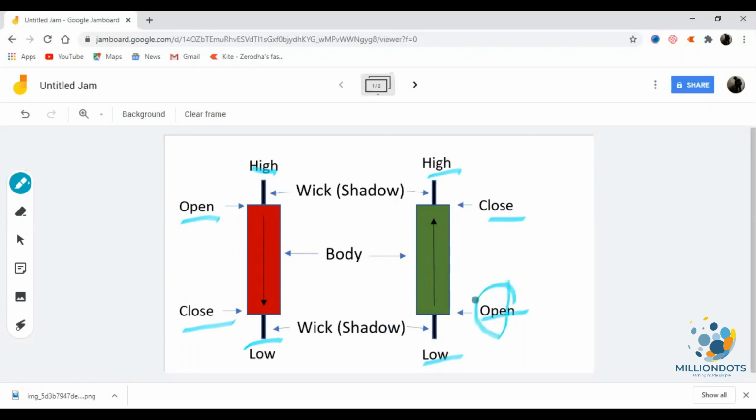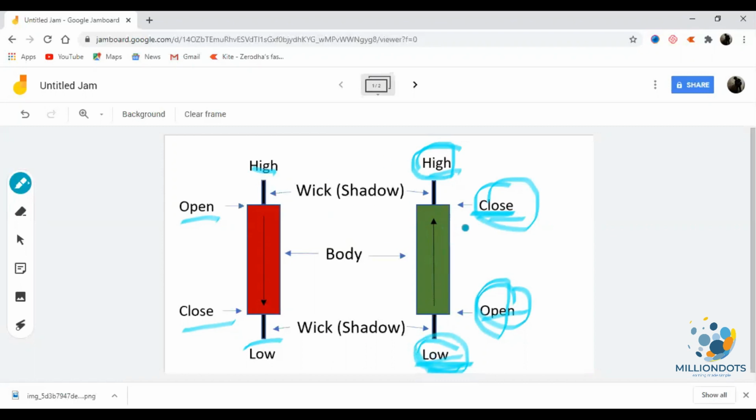Open is the price at which this candle started, close is the price at which this candle closed, high is the highest price this candle has touched, and low is the lowest price this candle has touched.